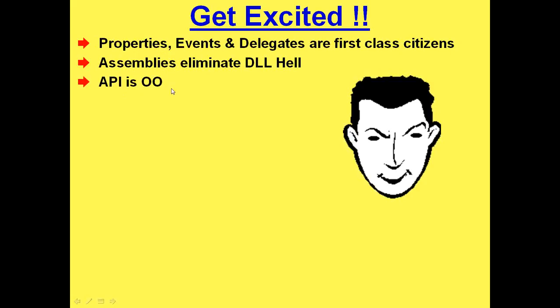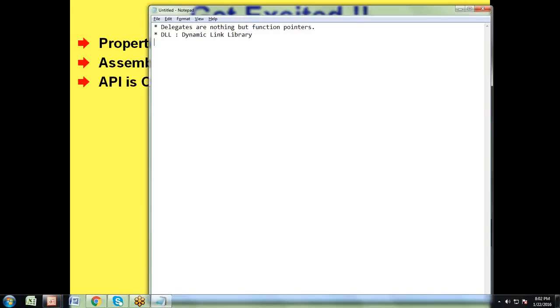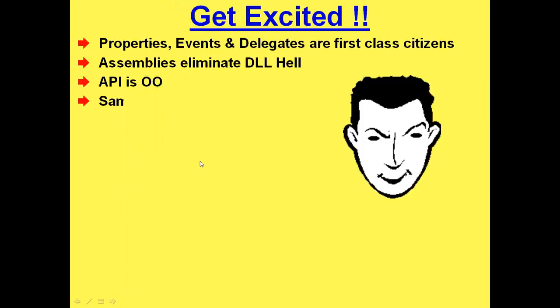API is object oriented. API stands for Application Program Interface. OO means object oriented. In .NET, we have 22 languages right now.